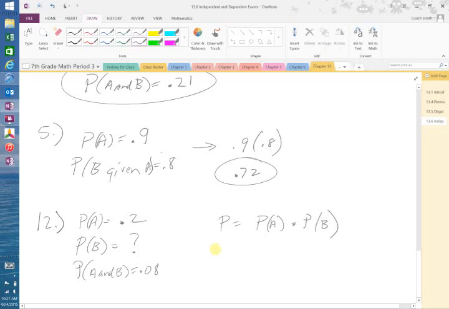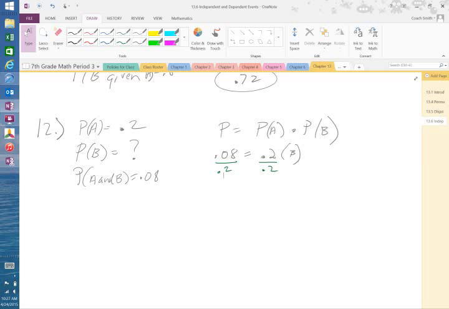Well, the probability is 0.08. That's equal to the probability of A, which is 0.2, times the probability of B. So to solve that, I have to divide both sides by 0.2. You divide 0.2 into 0.08. We have to move it one place there, so we have to move it one place there.